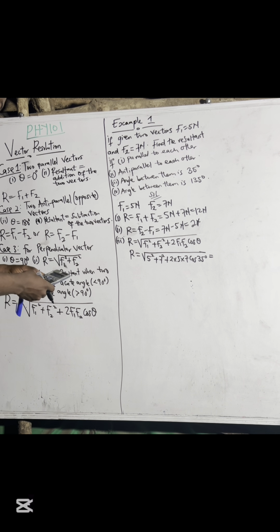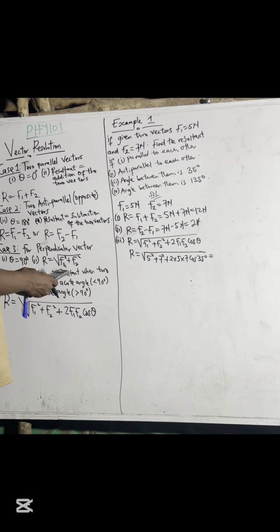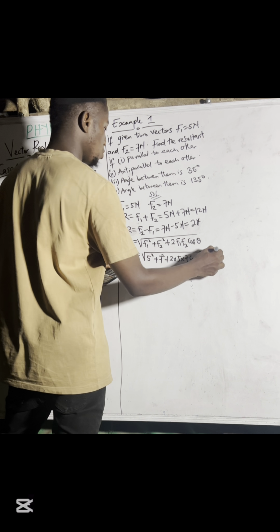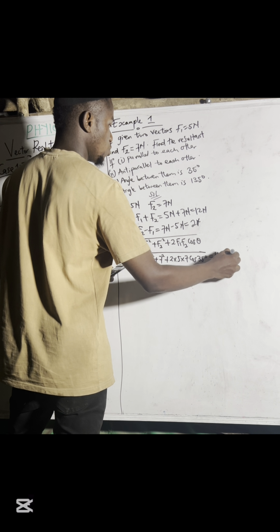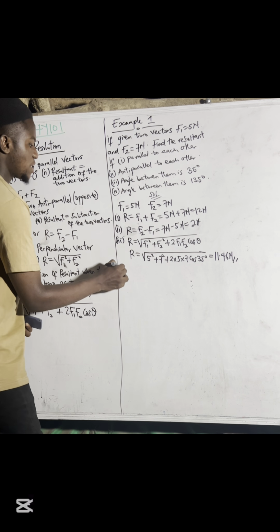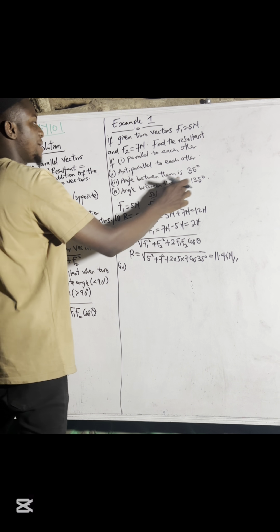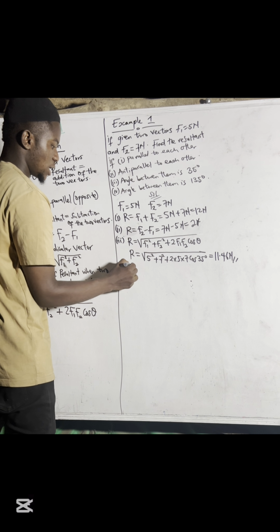You will press the square root, 5 squared plus 7 squared plus 2 times 5 times 7 cos 35. And the final answer is going to be 11.46 Newton.